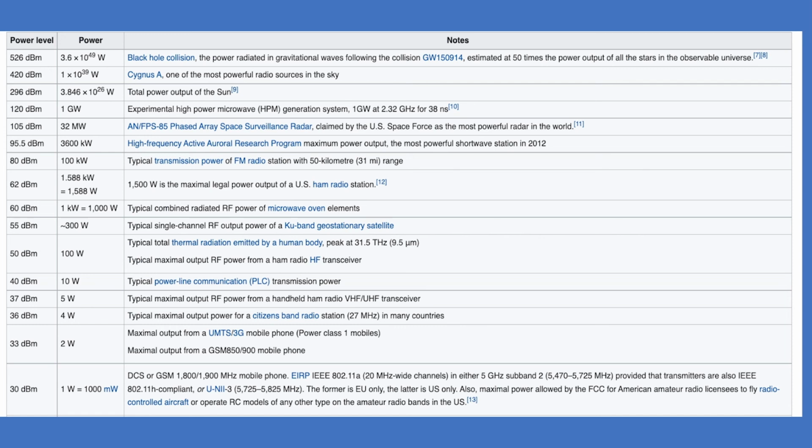Wattage is a linear value, dBs are a logarithmic value, so it allows us to represent large numbers of watts, for example in this chart, with a small reasonable value that makes sense. If you tried to write that number, that's 3.6 with 49 zeros after it.